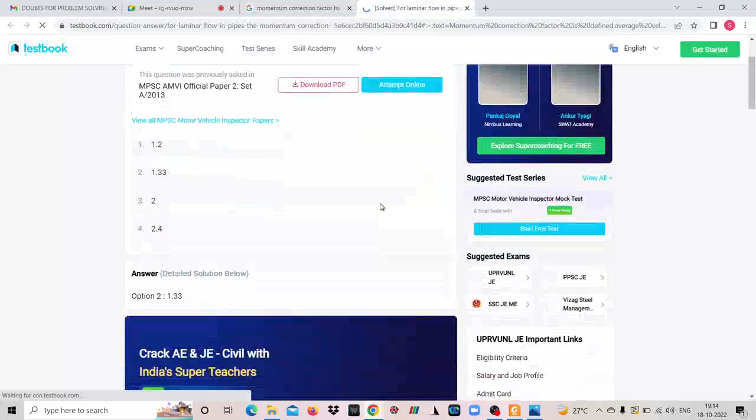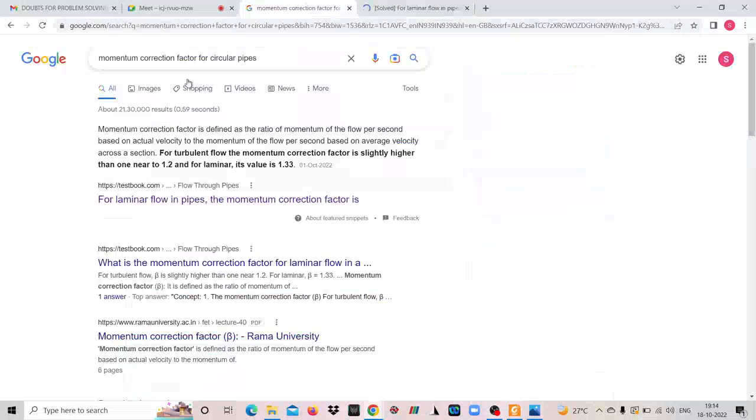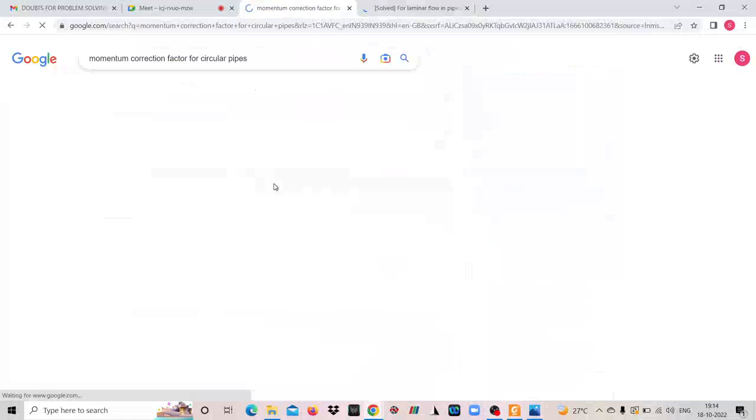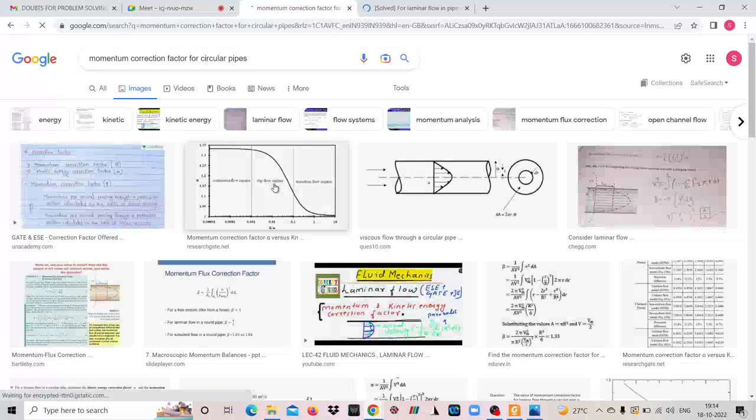Now see, it is around 1.33, not exactly 1, because of the effect of this parabolic profile.